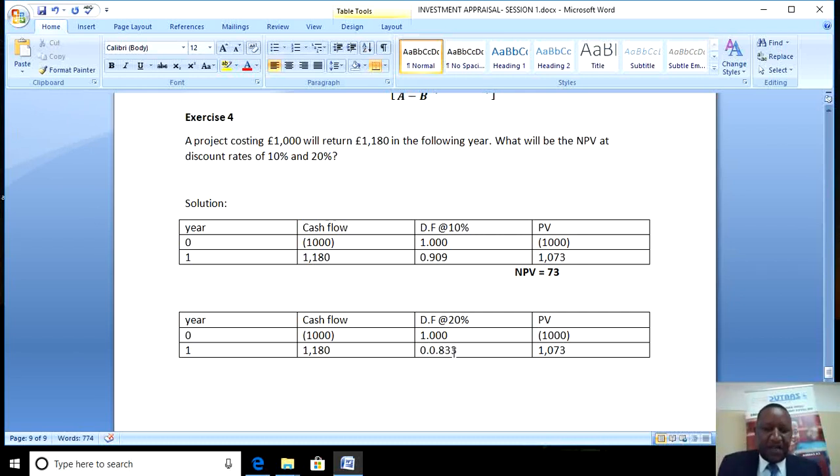Why am I getting these figures? Get those figures from the present value table.